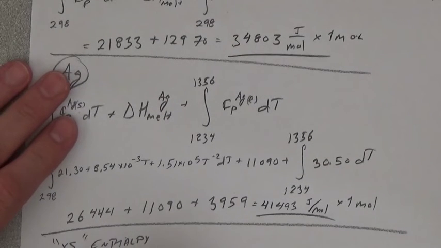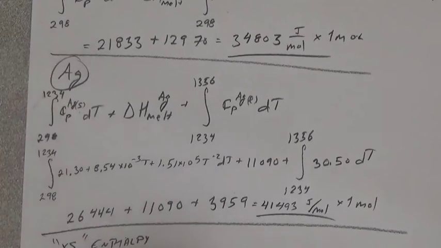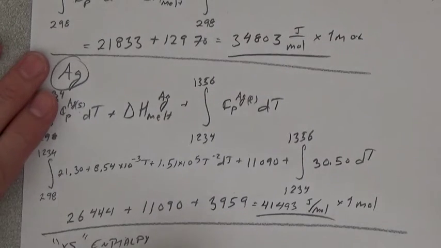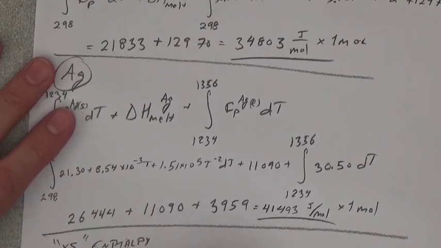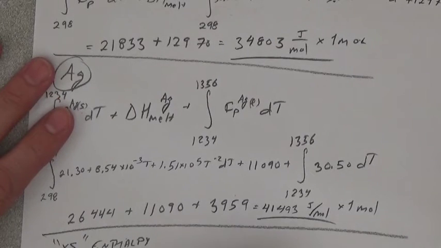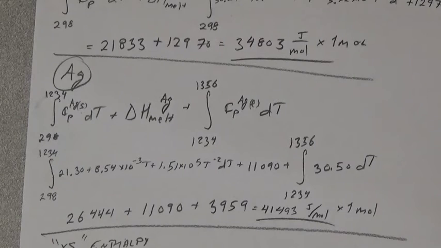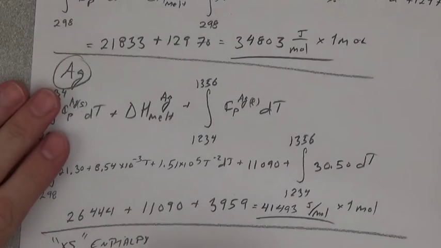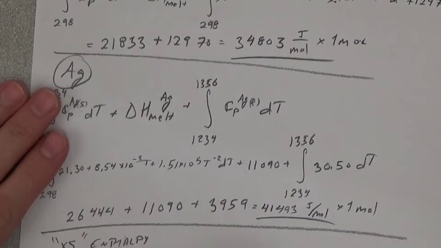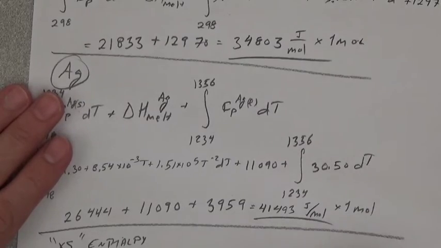And that is minus 2590 times 1 minus the mole fraction of silver times the mole fraction of silver, and it's a 1-to-1 ratio, so that is 0.5 times 0.5, which is minus 648 joule per mole.